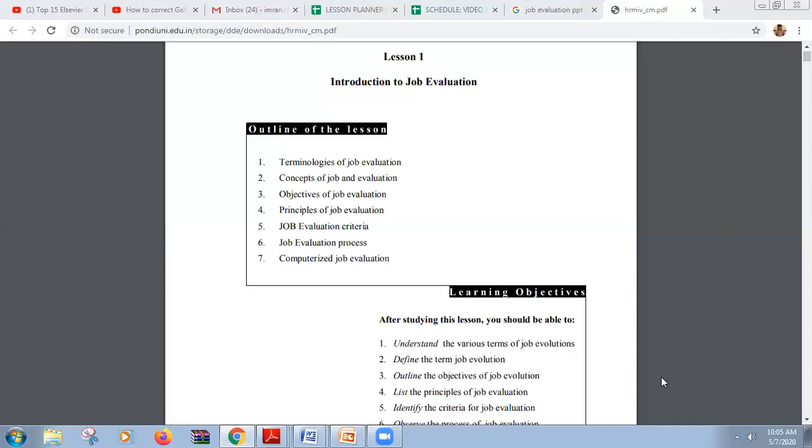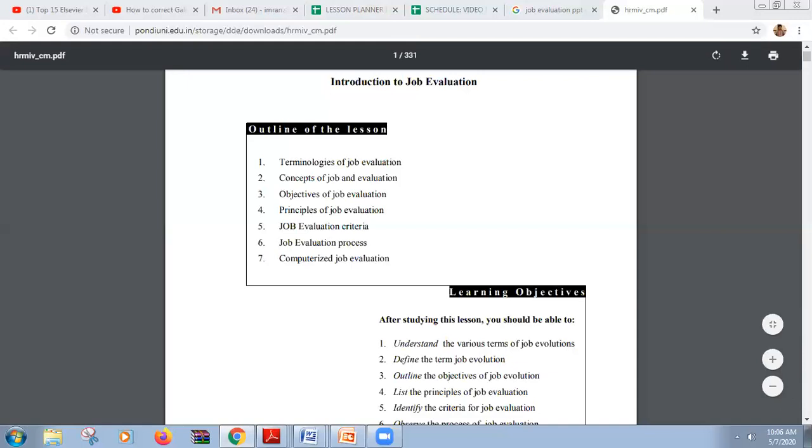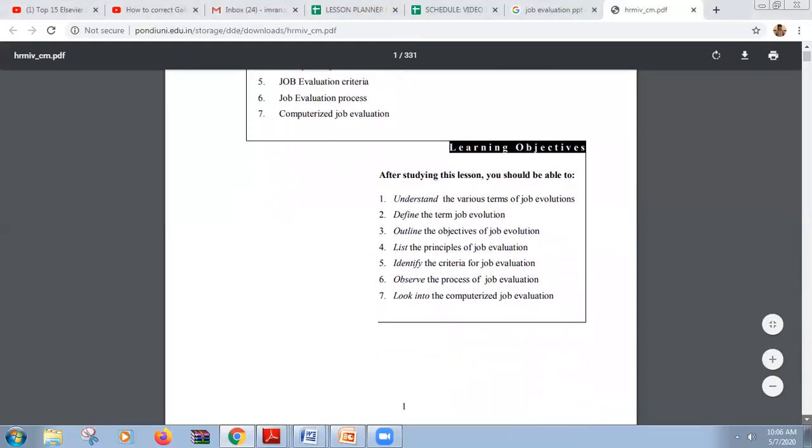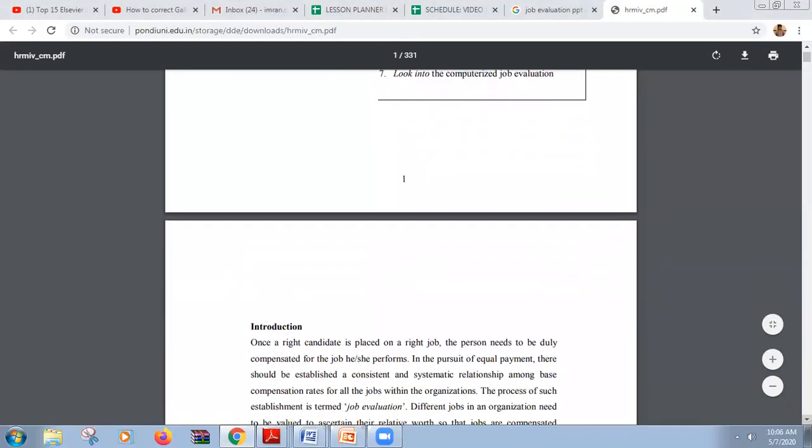We will come to the terminologies used for job evaluation, and the concept, principles, and objectives of job evaluation. Once we complete this lecture, we'll be able to understand the various terminologies used in job evaluation, define the term job evaluation, outline its objectives, list the principles, identify the criteria, and look into computerized job evaluation.